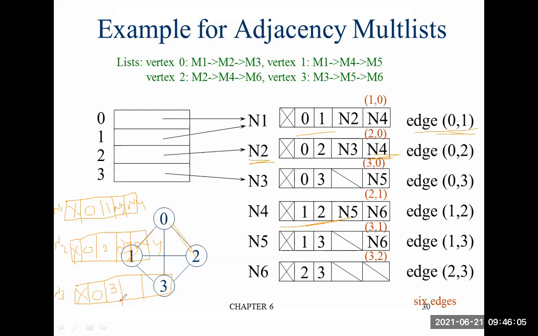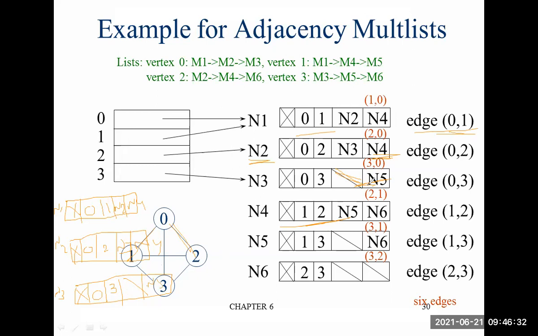Okay, clear. Then 0 to 1 is over, 0 to 2 is over, 0 to 3 is over. So there is no path from 0 to other vertex. So represent here null. Then move to 3. So 3 to 0 is over, 3 to 1 is not over. So we move to 3 to 1, which is N5. So here represent with N5.